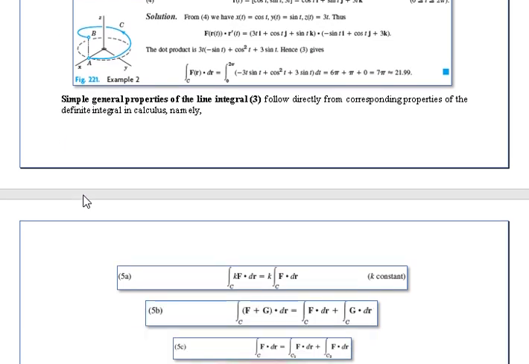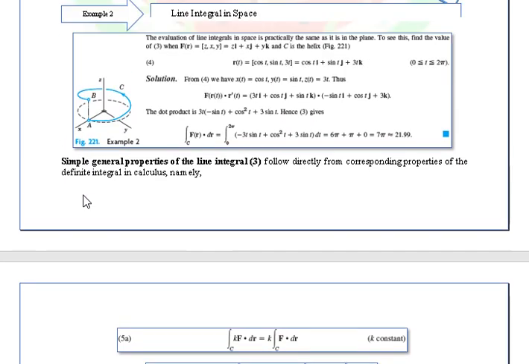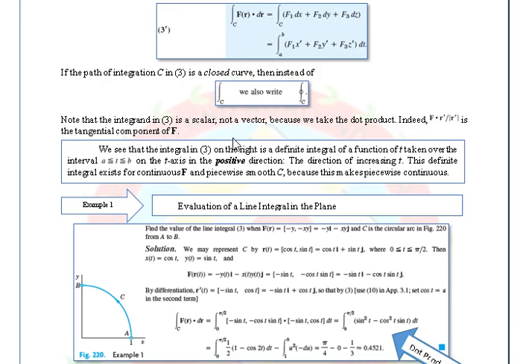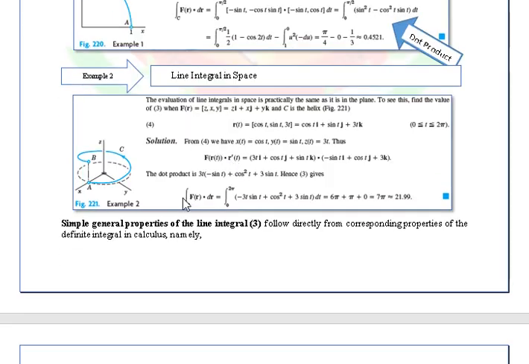The line integral of a function f of r is equal to zi plus xj plus yk, where c is the path, as I have mentioned. So same procedure, we have to use this equation 3 here in order to find the line integral of that one. Then it results to this value here.